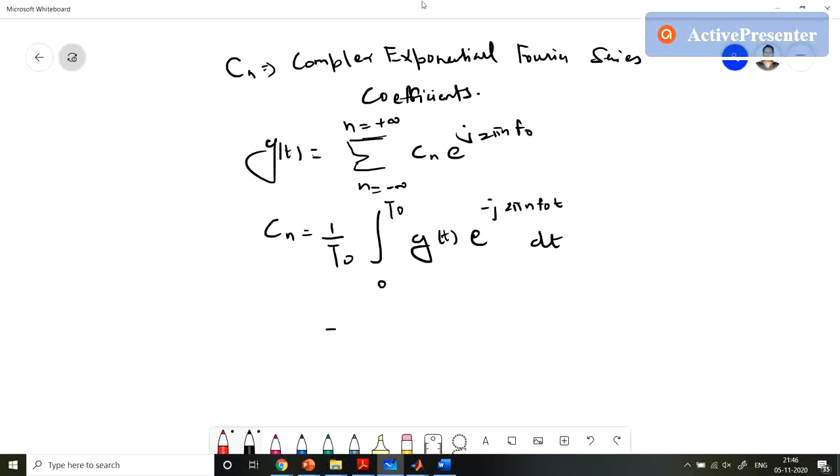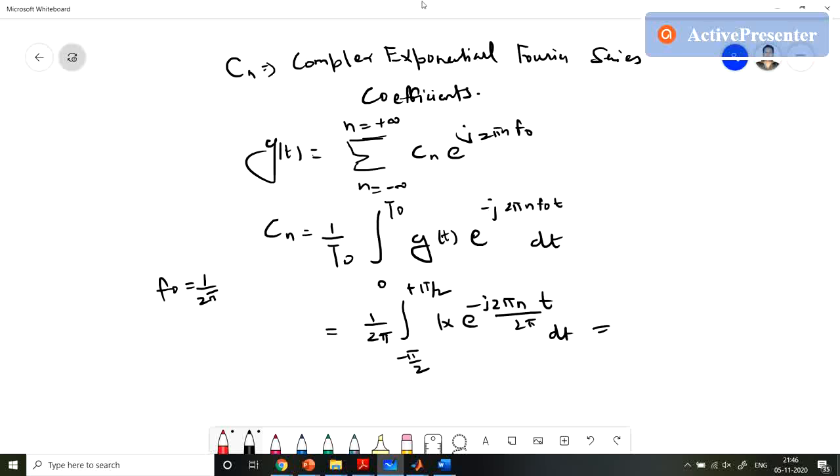This is Cn. If we calculate, we will find that it is 1 divided by 2 pi, integral minus pi by 2 to plus pi by 2, 1 times e raised to the power minus j 2 pi n f naught t dt. What is f naught? f naught equals 1 divided by 2 pi.